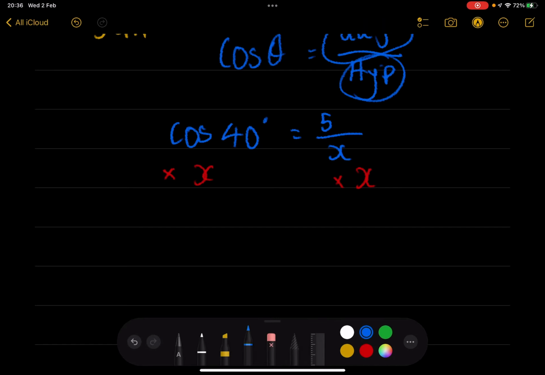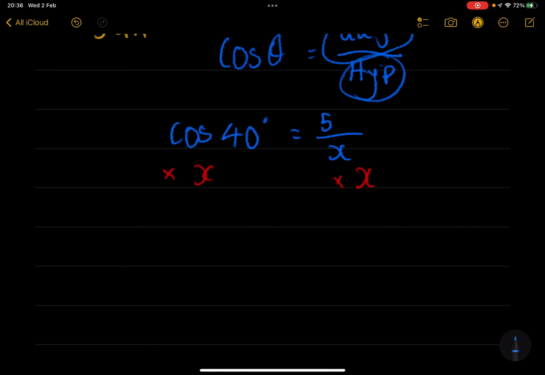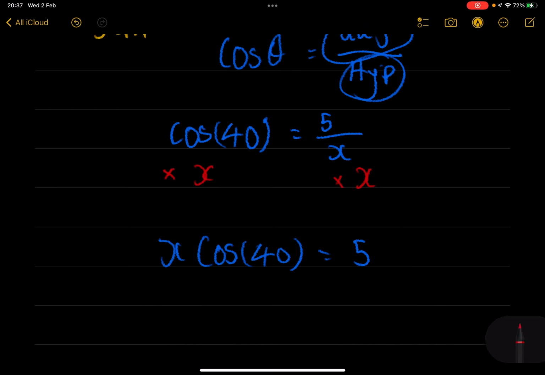So now what we get is x cos 40, and we can put them in brackets if you want. x cos 40 equals 5. And then we've got to be dividing by cos 40 on both sides to get x on its own.